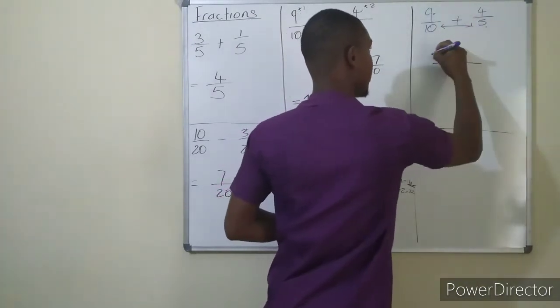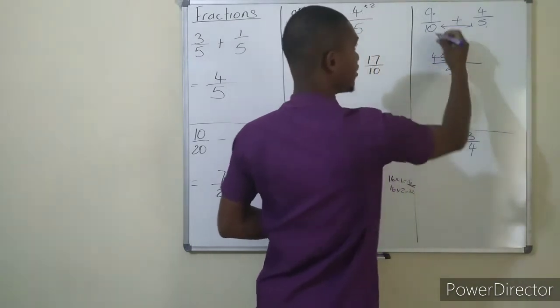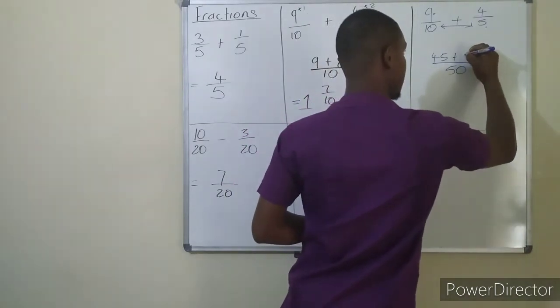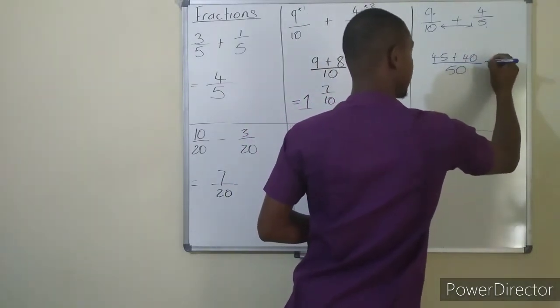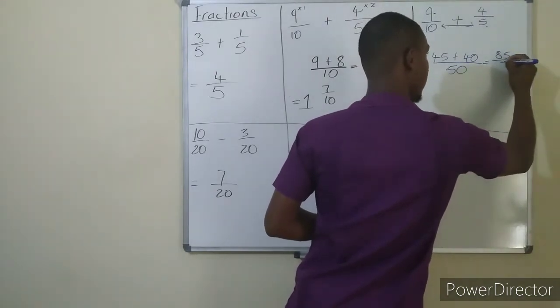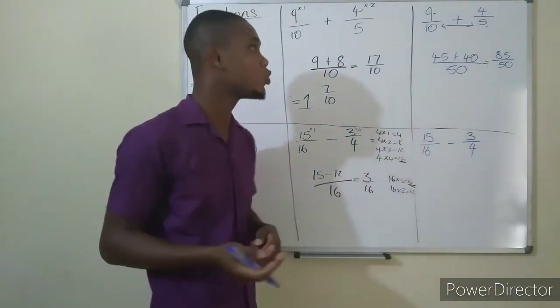So 9 times 5 gives you 45. Then you put back your plus sign, so now it would be 4 times 10, and that gives you 40, equal to 85 over 50.